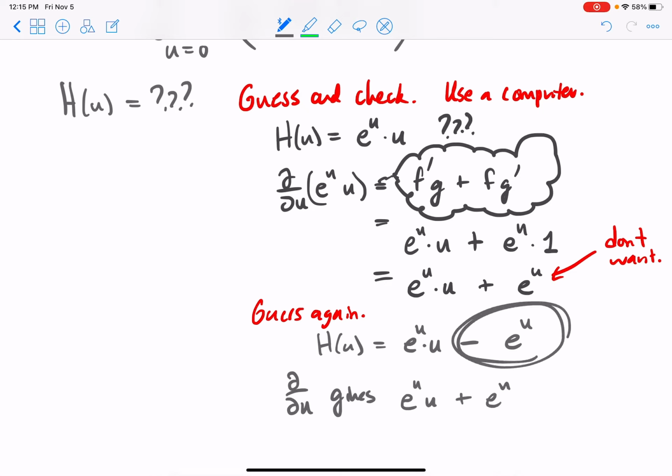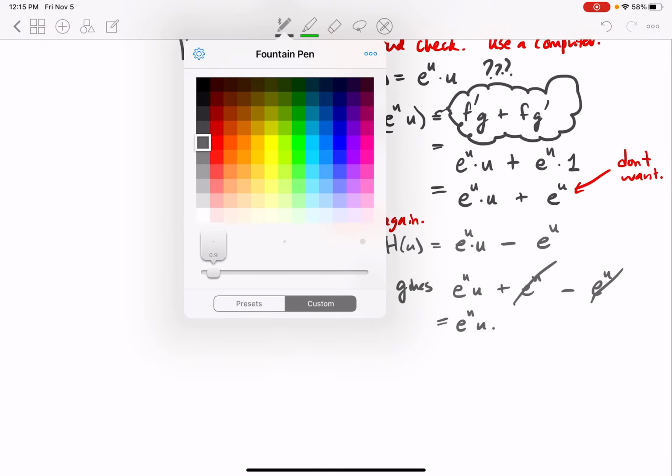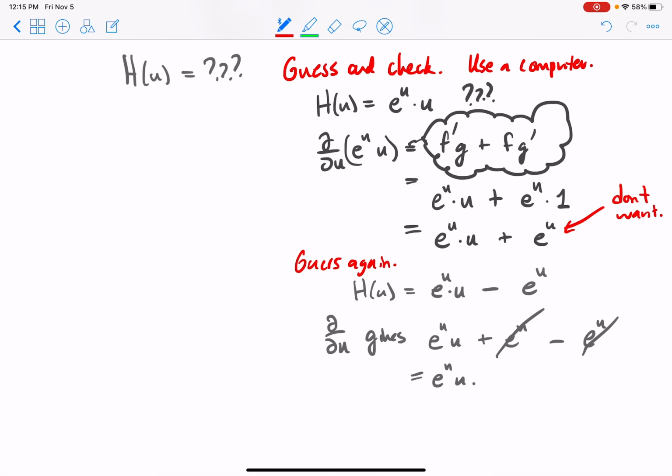And then I have to differentiate this. Well, the derivative of the exponential is the exponential again. And these cancel. And the answer is e to the u. And so we found capital H. We found h. Smiley face.